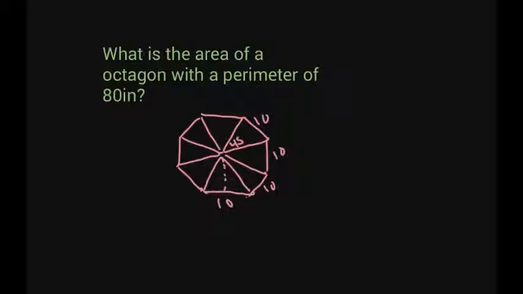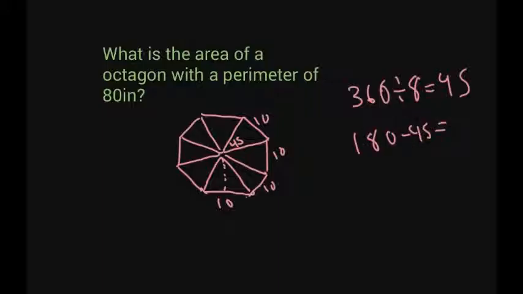So we take 180, subtract 45, and get 135. We're going to divide that by 2 and get 67.5.